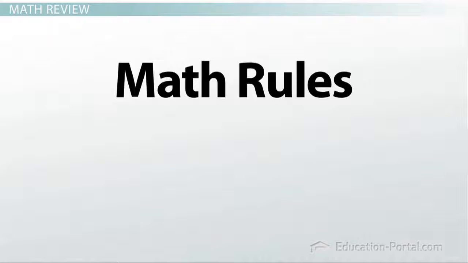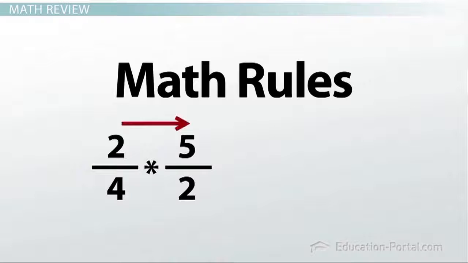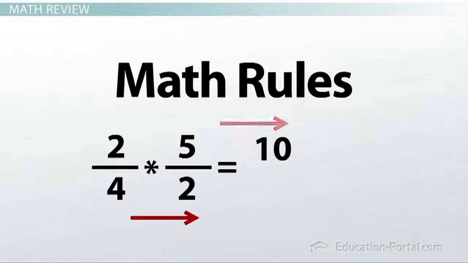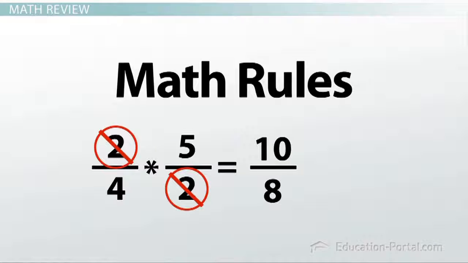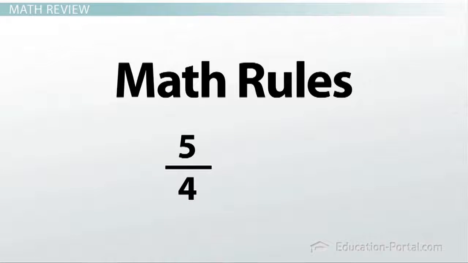You would solve 2/4 times 5/2 by multiplying across the top to get 10 and by multiplying across the bottom to get 8. But because you have the same value, 2, in both the numerator and the denominator, these numbers can cancel out, reducing the amount of work you would need to do in the end by simplifying the 10/8 fraction to 5/4.